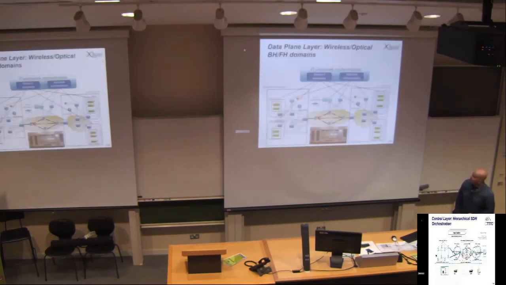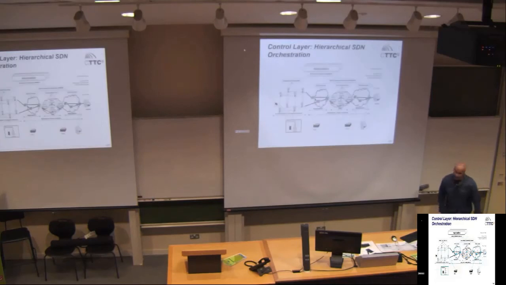So I would just like to take a look at what we are doing in this project, as we are the partner that is leading the experimental proof of concept. So CTTC is the partner that is leading the experimental proof of concept of this project.